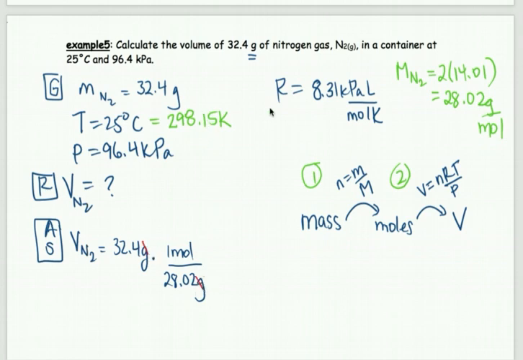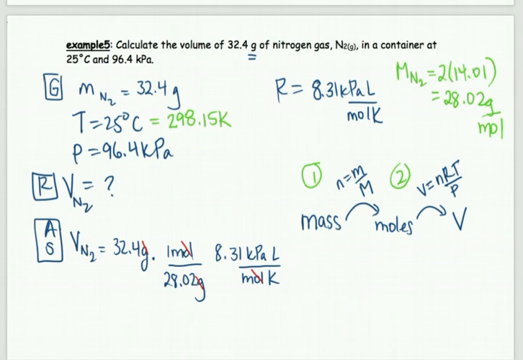Now we're going to use the R value. See how moles is already at the bottom, and we need volume, which is liters, already at the top. So we know this will need to stack like this, and we have moles, and that's good.